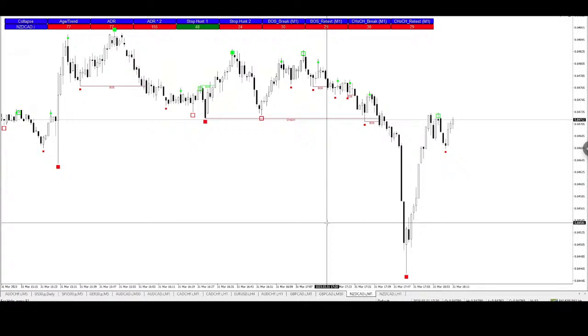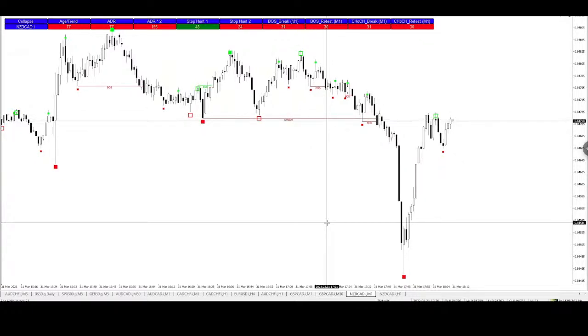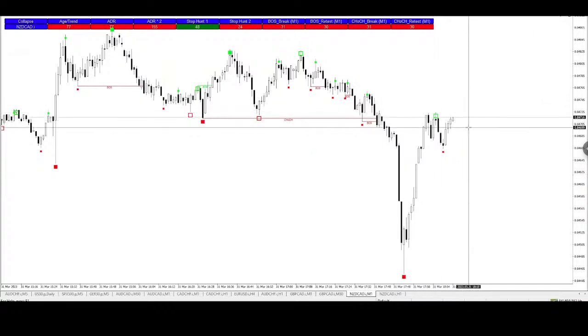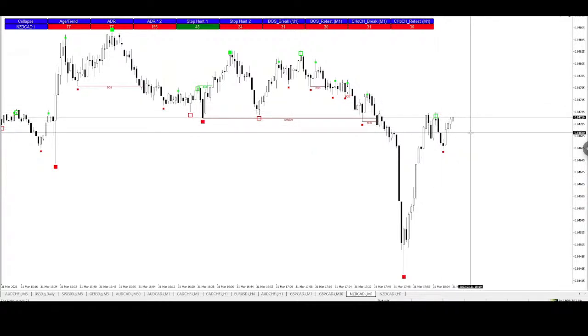But GBP-CAD is very high. You can see how it's acting as a resistance as well. It's trying to break it.